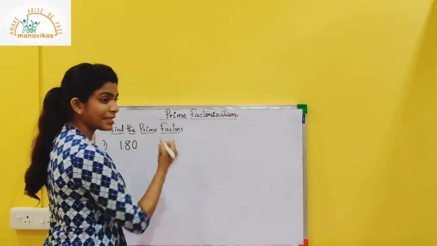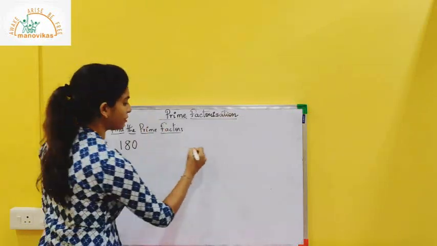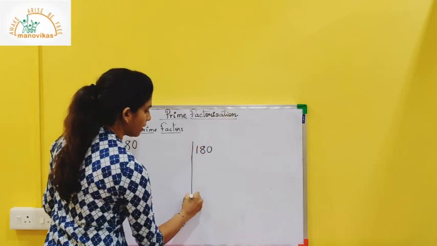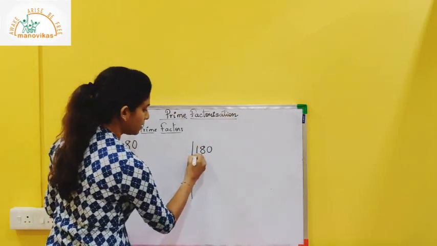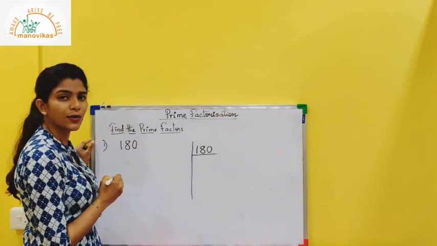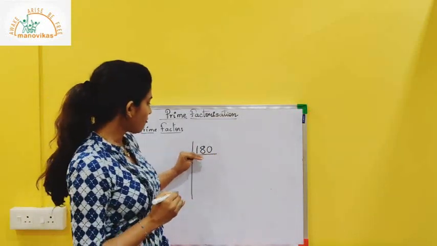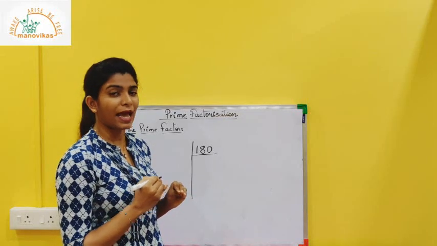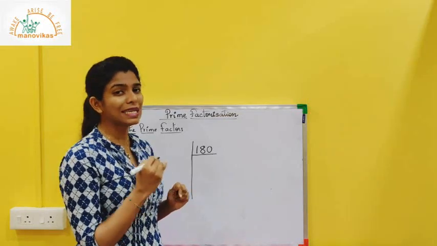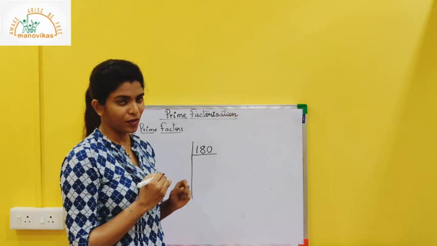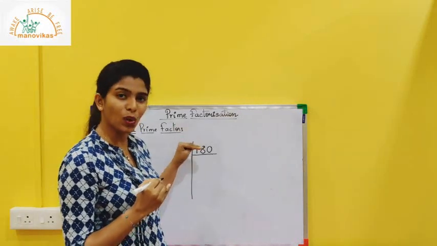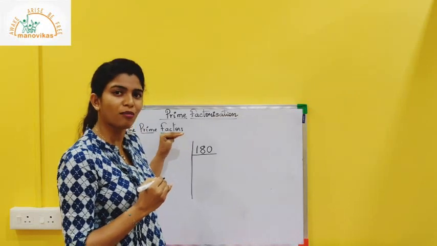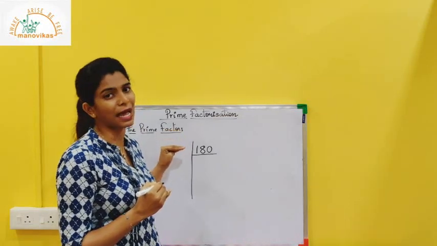Okay, now since it is repeated division, I will write 180. Put a line like this. Now if you see, 180 is an even number and 2 is the only even prime number. So we have to divide this 180 by the smallest prime number.